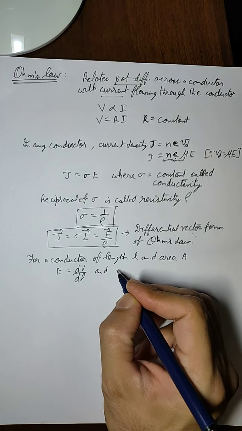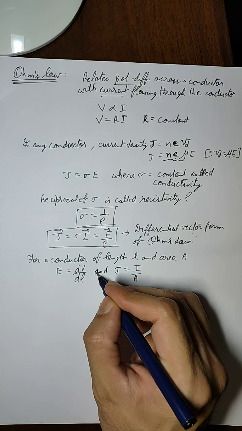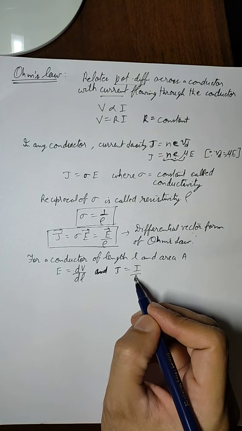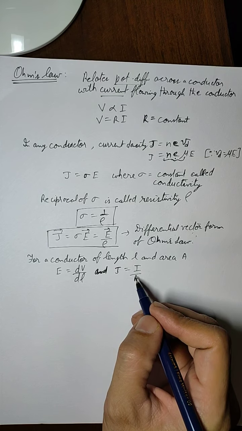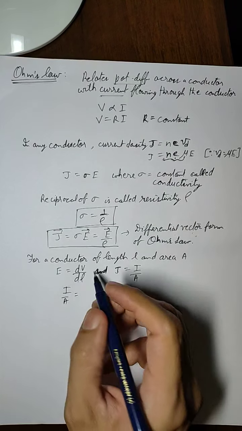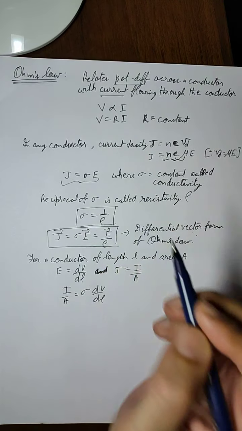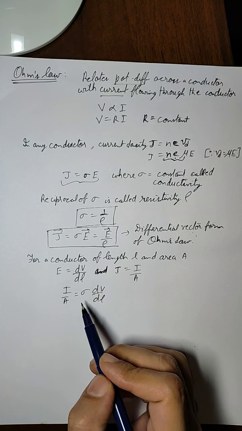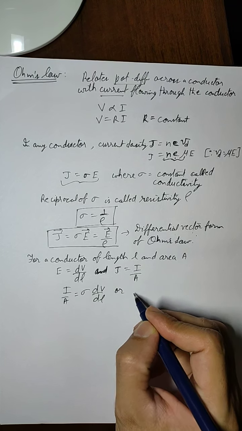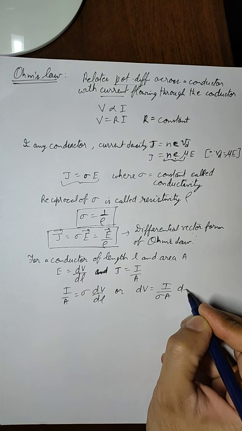And current density J will be given by I upon A. So these two formulas we have already studied in previous videos. Using them, J equals I upon A equals sigma into dV by dl, or dV equals I upon sigma A dl.